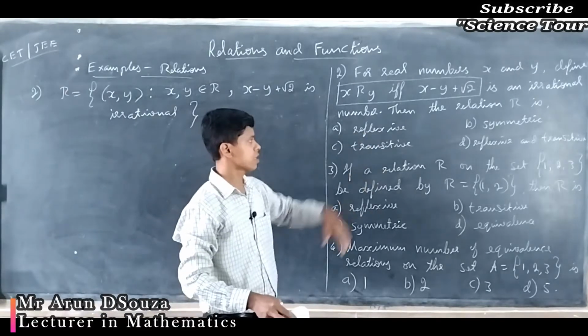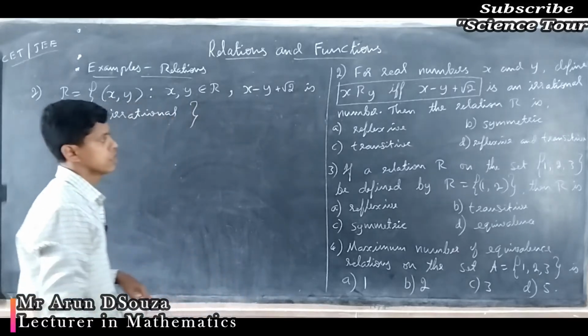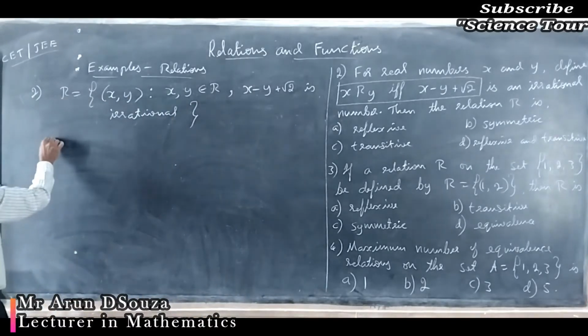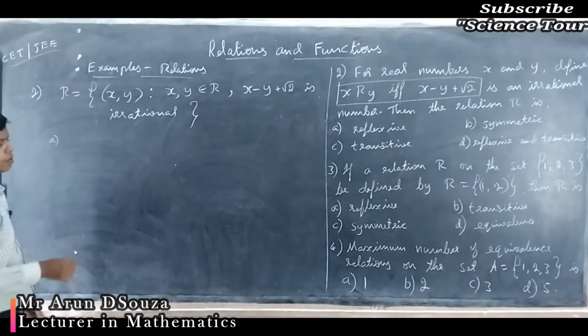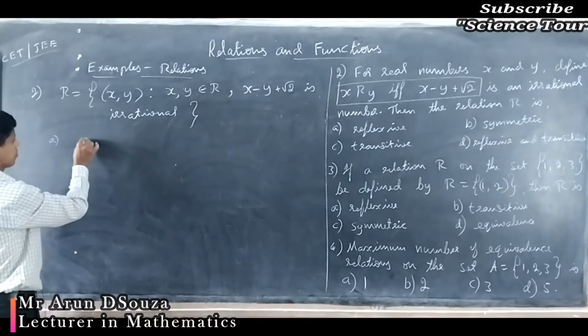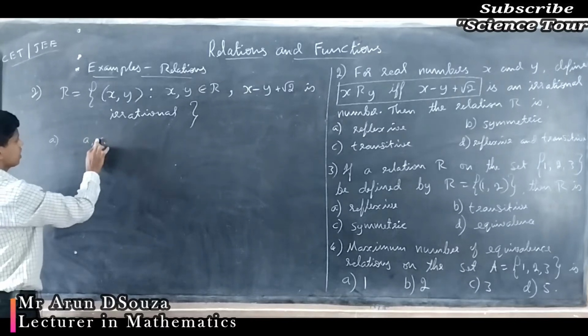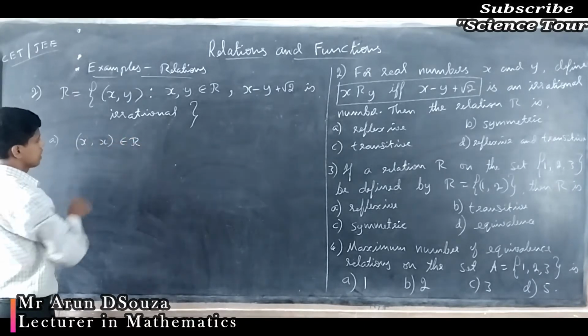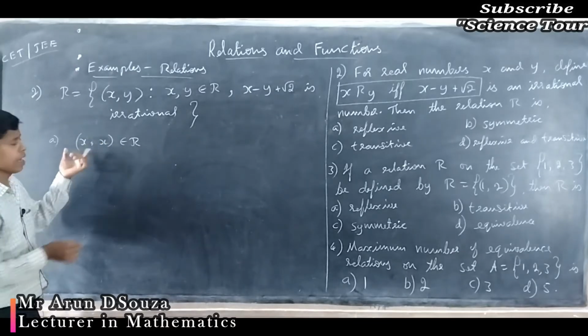Well, now you have to check reflexive, symmetric, transitive. So let's start with reflexive. See, what do you mean by reflexive? You must have (a, a), or in this case I can write (x, x), in the relation. When will this happen?